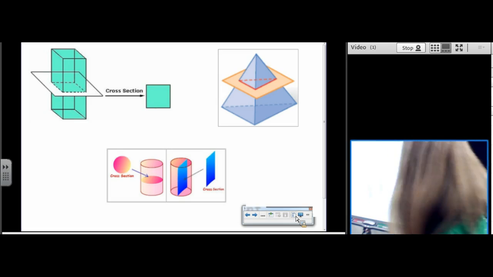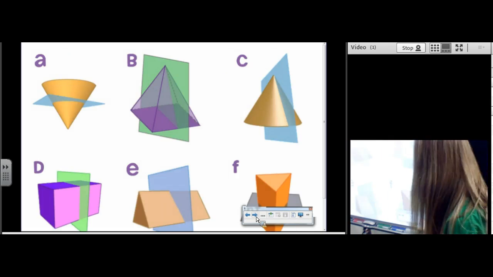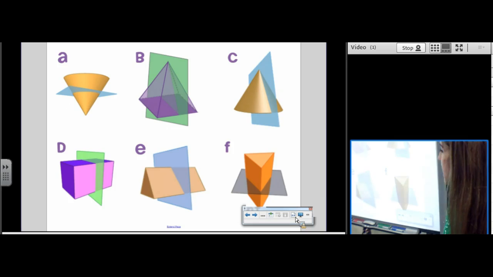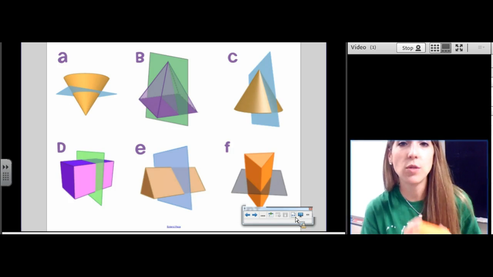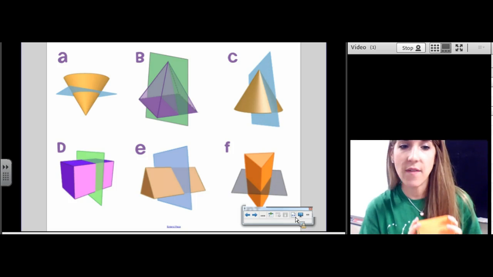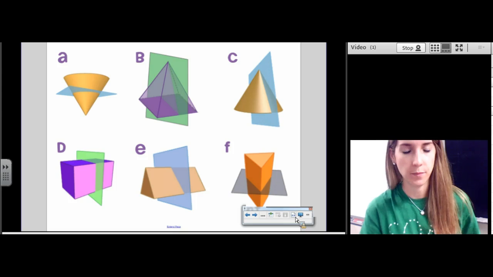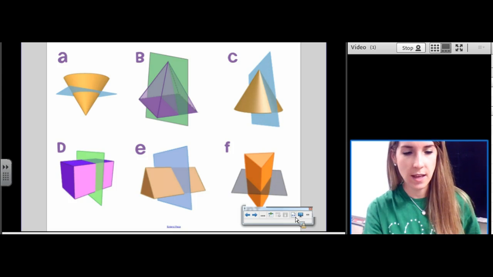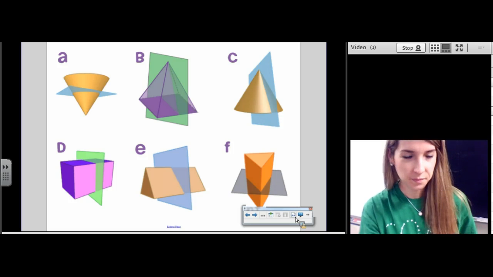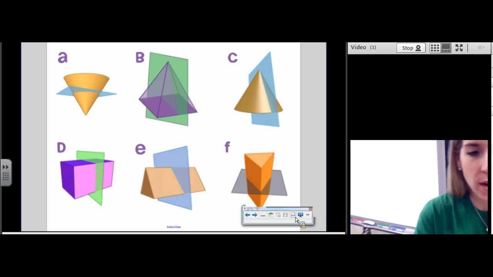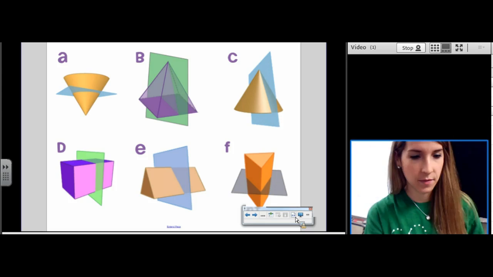So, let's look at some more. Look at each one of these and go ahead and decide what 2D shape would be formed if I slice through this shape with the plane shown in the picture. I'll give you a few minutes to think about those. Okay, Rishi, what would you get for A?